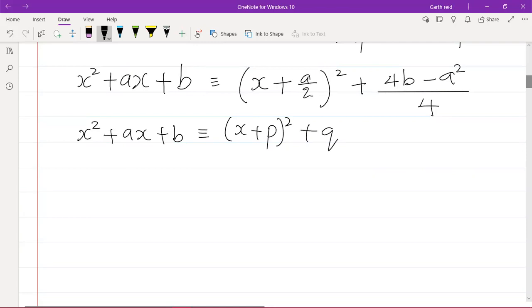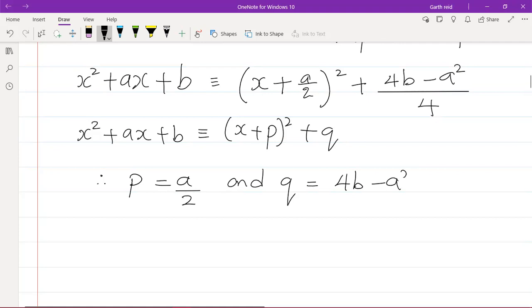So if we compare it to the identity above, we can see that, therefore, the value of p is equal to a over 2, right? And the value of q is equal to 4b minus a squared over 4. All right? Great. So that is what we have.